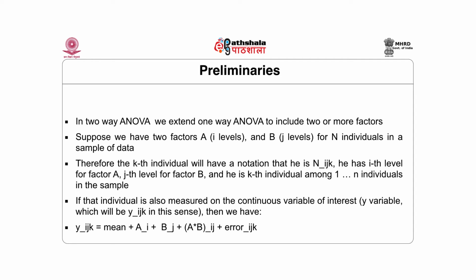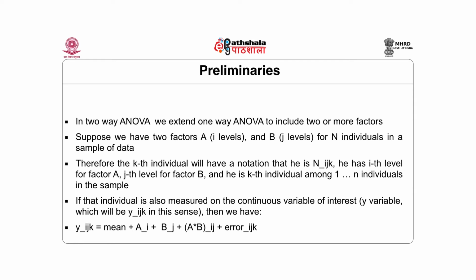Therefore, for n individuals in a sample of data, let's say we take about 100 individuals, so n is 100. And let's say we are talking about the 5th individual, the kth individual. That person will have a notation of IJK.